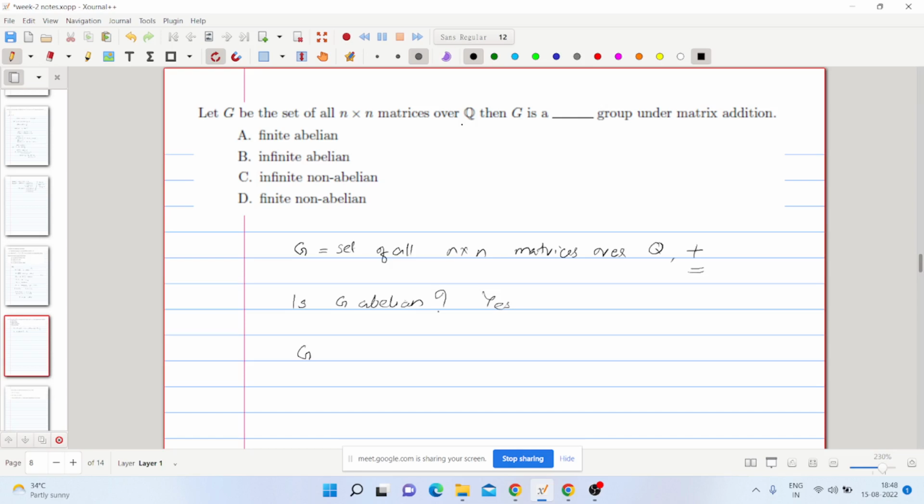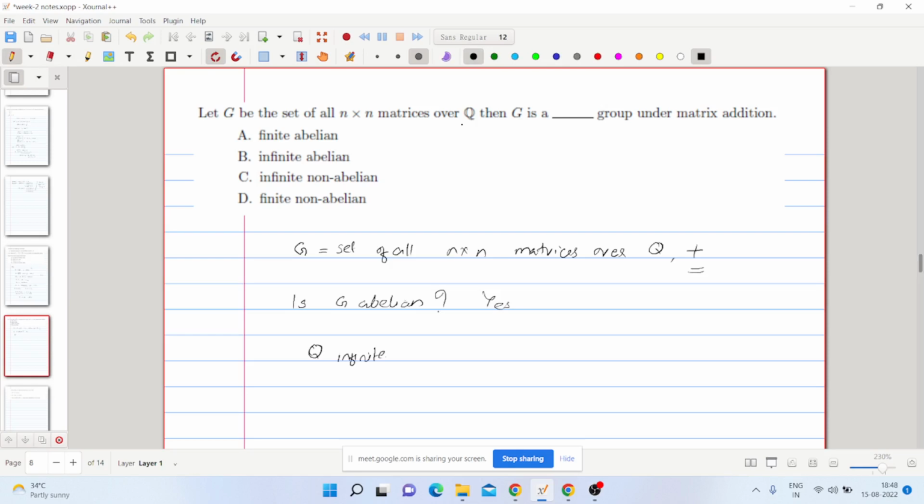Finite. Is Q finite or infinite? Q is infinite, right?